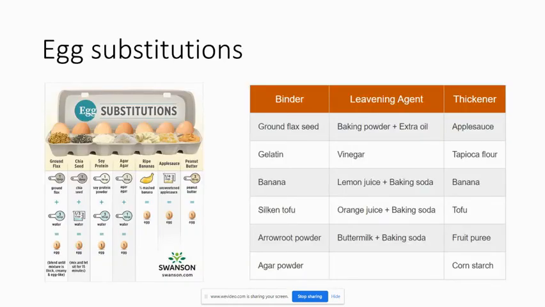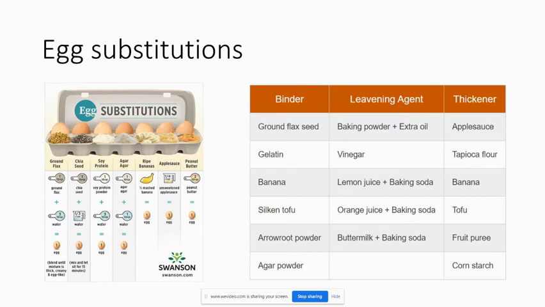Now, some people are allergic to eggs. I think like 2% of the population, or of kids at least. And some people choose not to eat eggs for various reasons. And so there are a lot of things that can be used to substitute eggs.